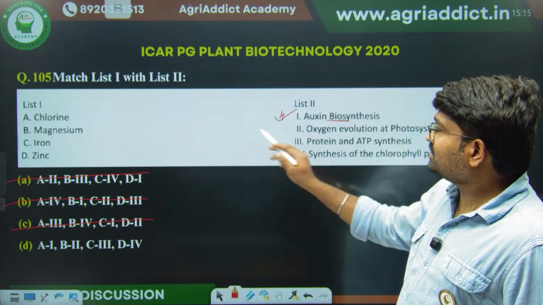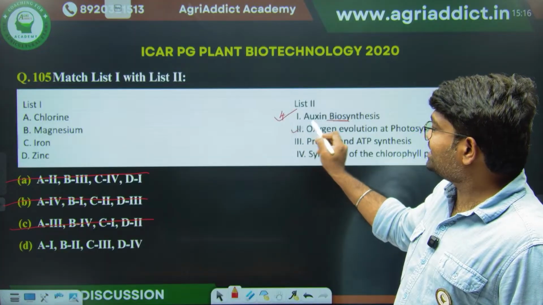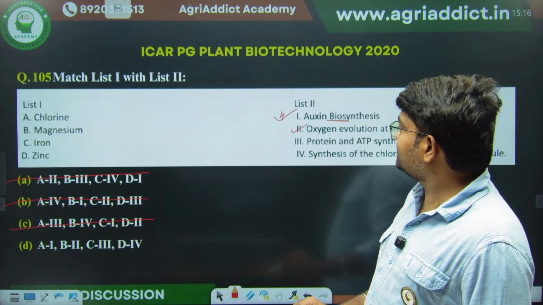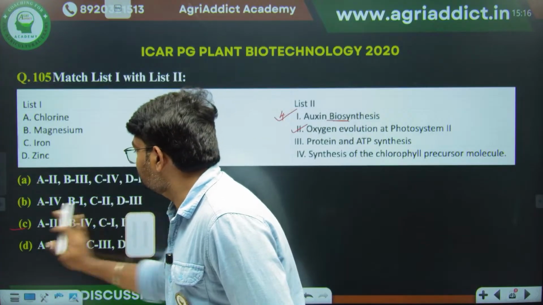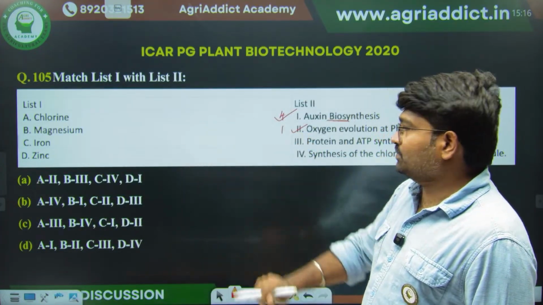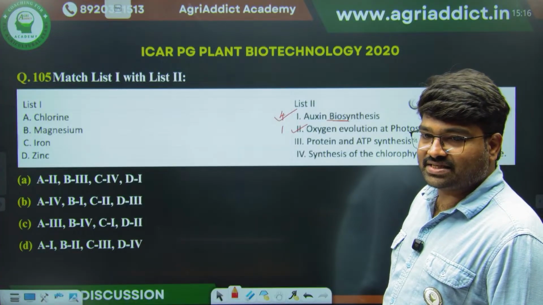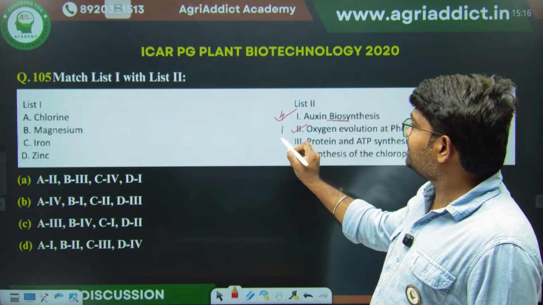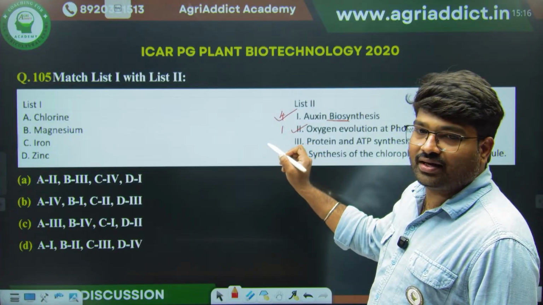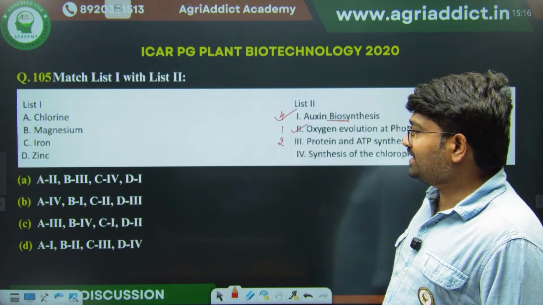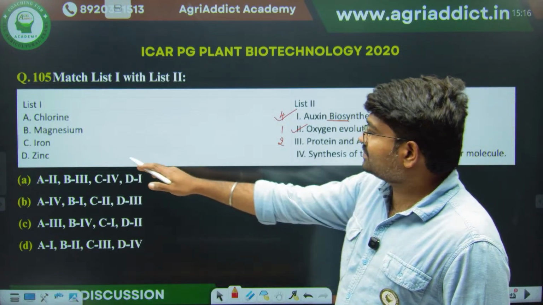Then chlorine. The oxygen evolving complex will have chlorine. Magnesium, where will it come? Magnesium will be involved in protein and ATP synthesis, because the cofactor for DNA polymerase enzyme requires magnesium.